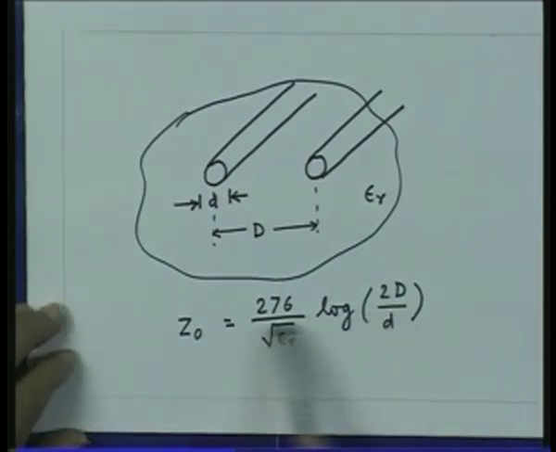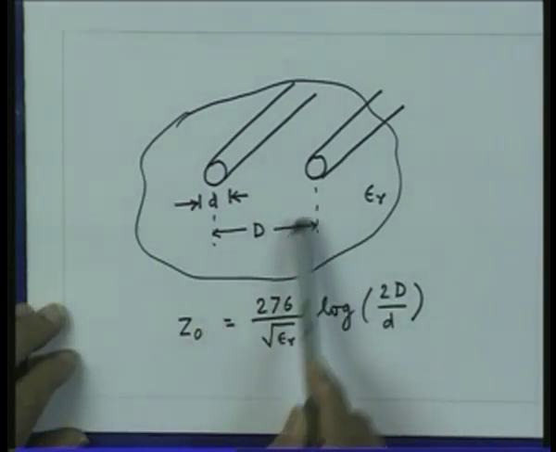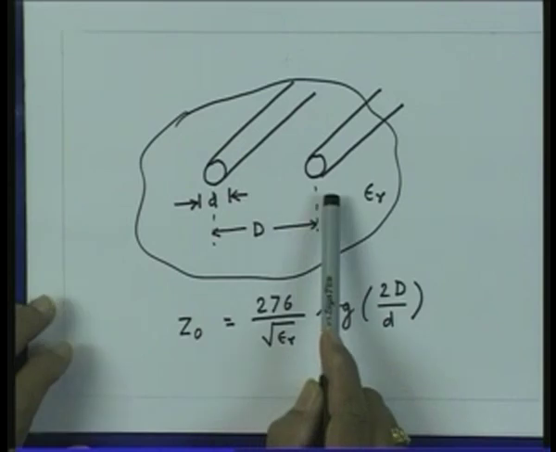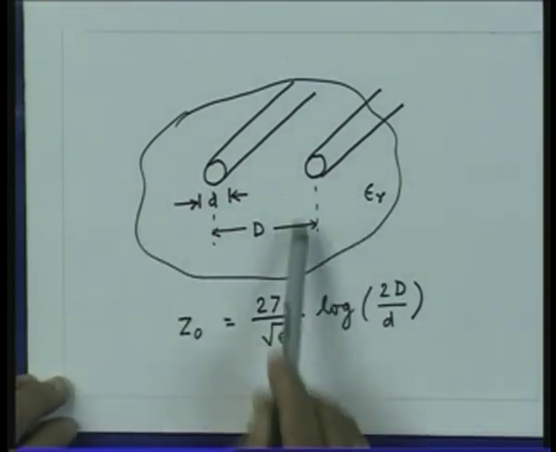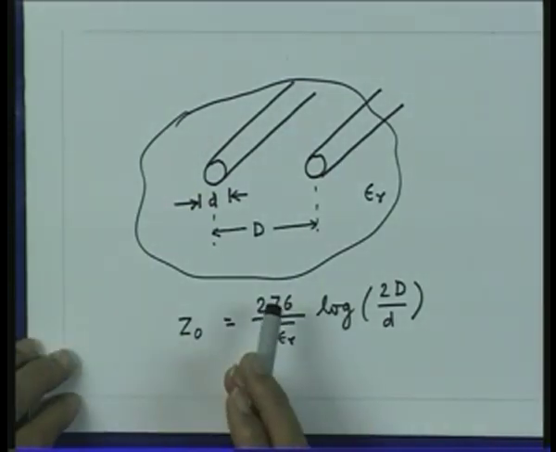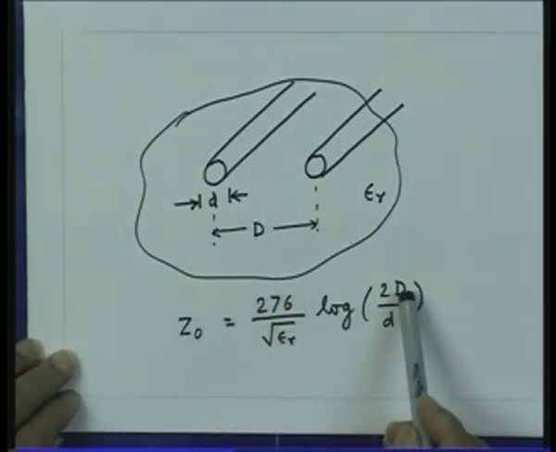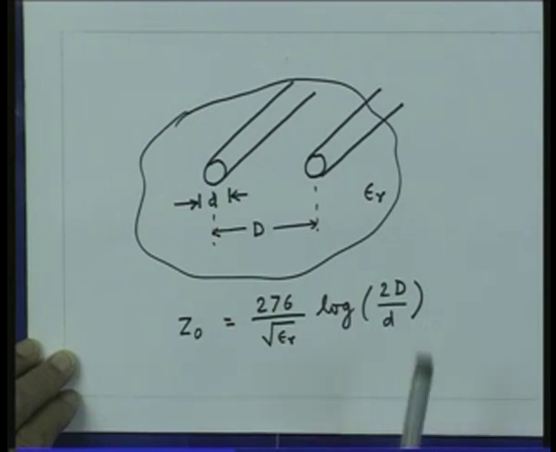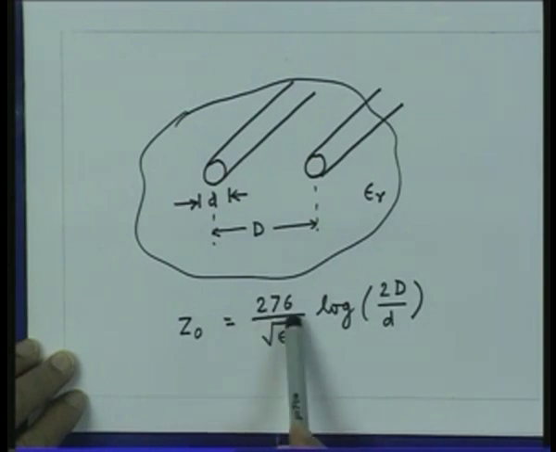One thing immediately one can notice is that the D I can make as small as d only. If I bring the two conductors to almost touch each other, then this quantity D will be equal to d. So, the minimum impedance which I can see on this line, if I use the dielectric as air, will be 276 log of 2, because D has become equal to d.